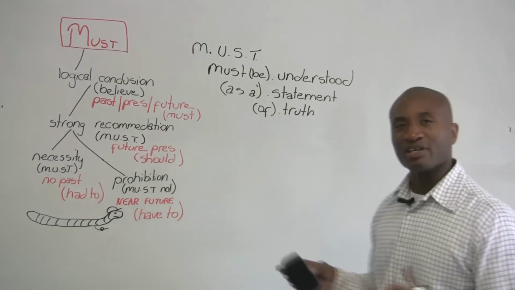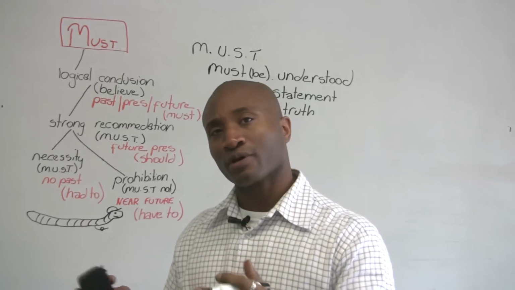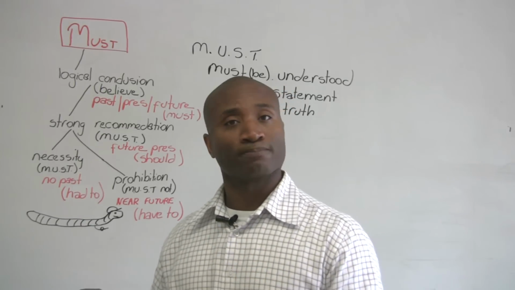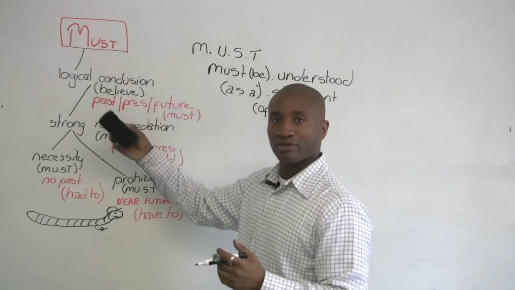Must actually, to me, is a big sentence of must be understood as a statement of truth. When we say must, someone's trying to tell you something is true. Okay? Now, from that something is true comes all of this information.